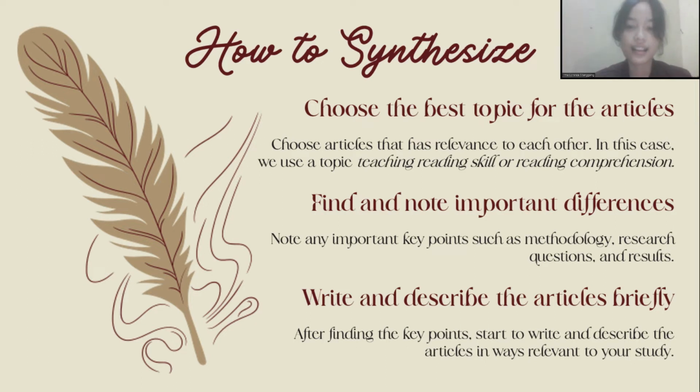And the second, we should find and note important differences, noting key points such as methodology, research creation, and the last is results. And then the next step is to write and describe the articles briefly. After finding the key points, we should start to write and describe the articles in ways relevant to your study.